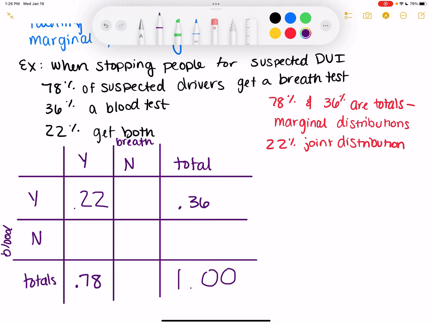This bottom corner is always going to be 1.